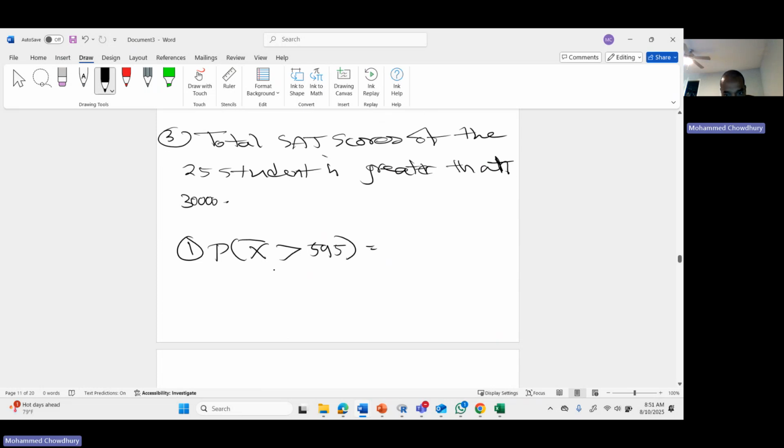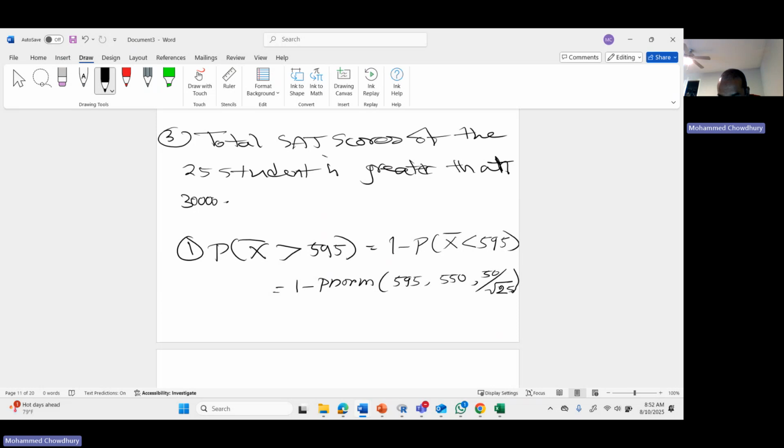You have to do 1 minus the probability of x bar less than 595, which is 1 minus pnorm of 595, with mean 550 and standard deviation 50 divided by the square root of 25.